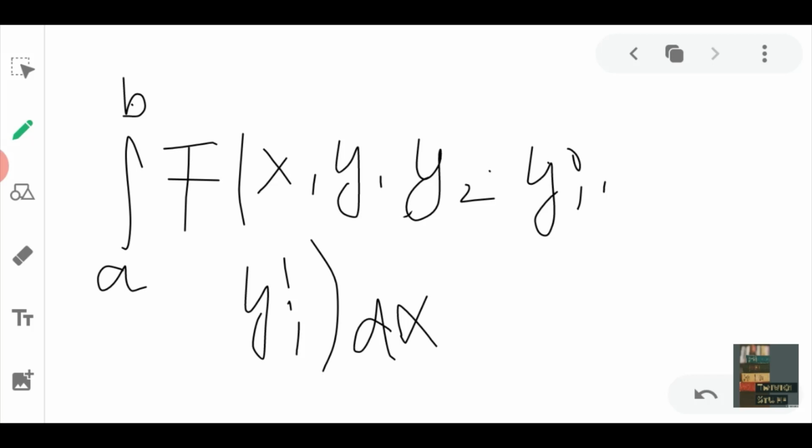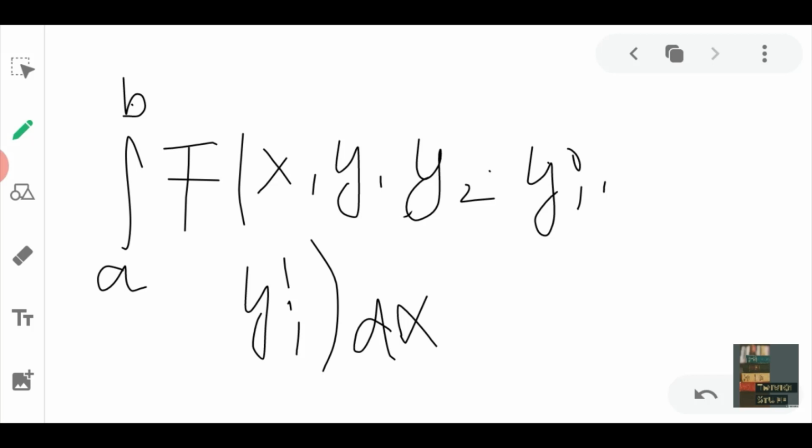However, there are many problems, like in the theory of elasticity, where the functional could depend not only on y and y prime but on higher derivatives, and thus it's worth making the theory more general.